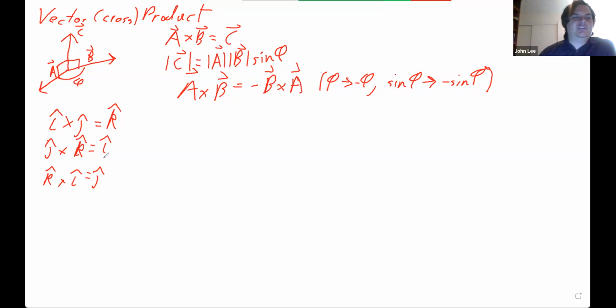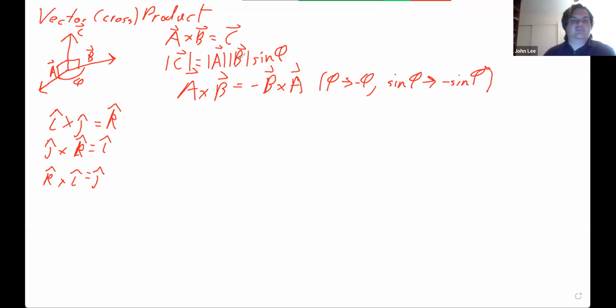It has to be perpendicular to both vectors. So in this case, we define it so that it goes from I cross J to J cross K to K cross I. And then it's just the unit vectors, because both unit vectors, I and J, or J and K, or K and I, are going to have a magnitude of 1 because they're defined as unit vectors, and they're perpendicular to each other, which means that the sine of 90 degrees is also going to be 1.